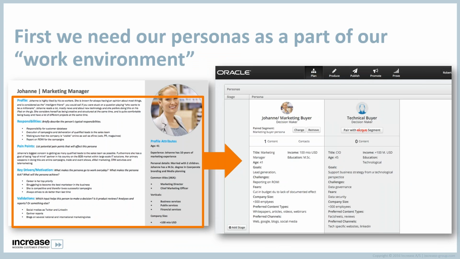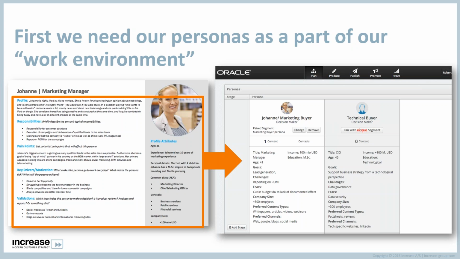Let's start with actually setting a frame here, because when we want to plan and produce some content, we need to build a frame for which person, in which stage, we are actually writing, so we don't make the mistake of writing something that just looks good, but write something that looks good to Johanne, because we want her to react. We are not interested in the CFO or CEO's opinion. We are interested in Johanne's opinion.